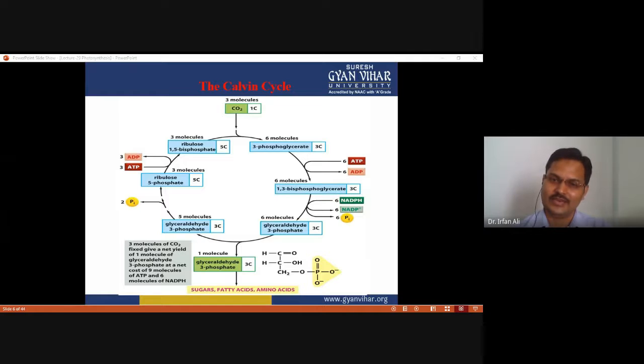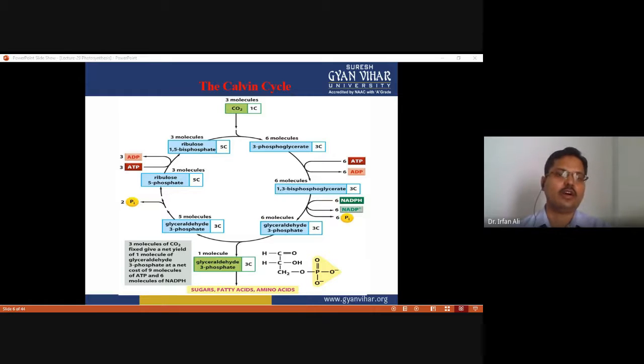So the energetic molecules produced in the light reaction of photosynthesis are utilized for the production of the sugar molecule. This is how photosynthesis produces the sugar molecule.